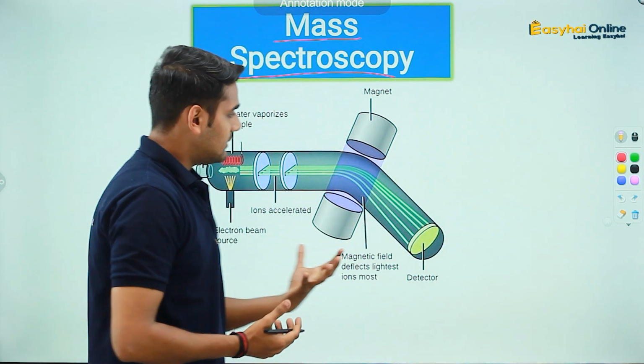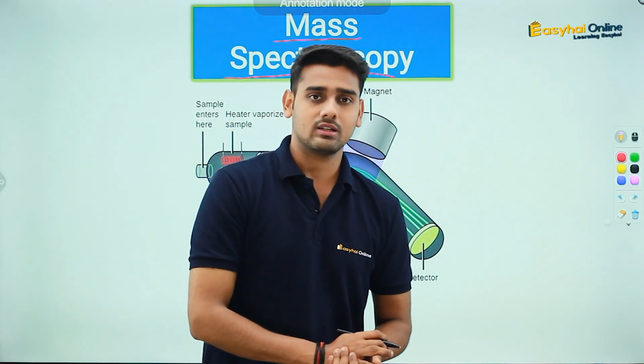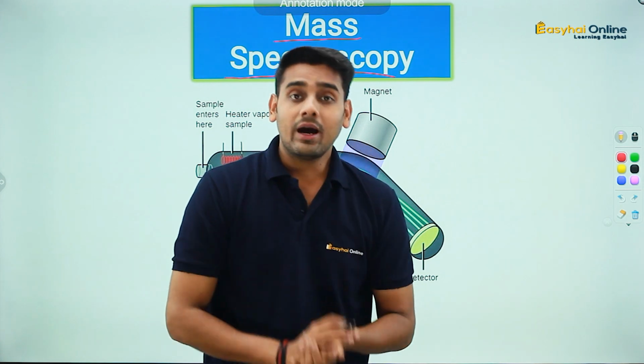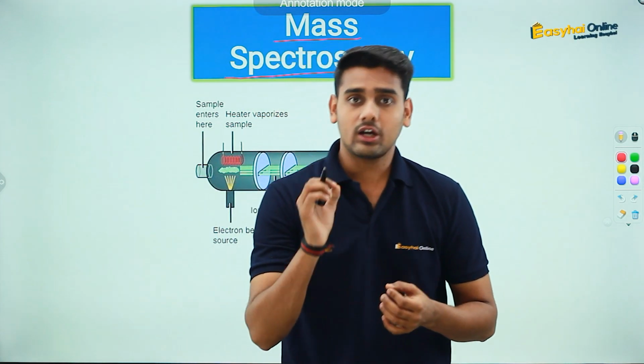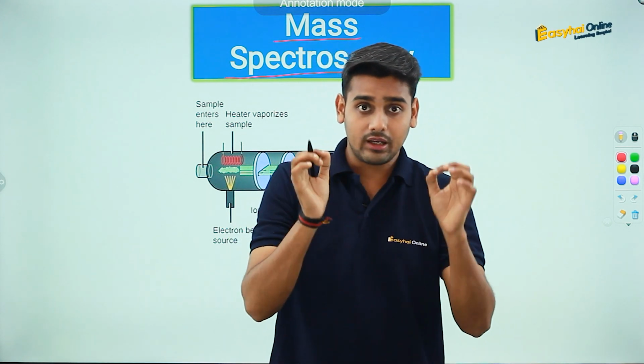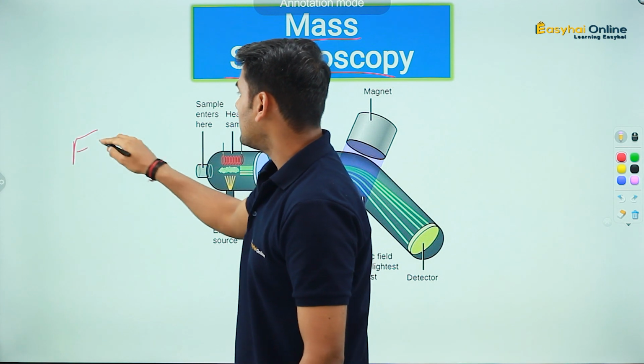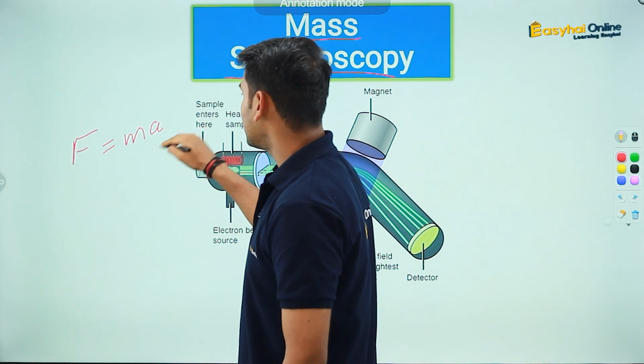It's very brilliant. Once again, we go with the magnetic field and electric fields in this case. We have learned that any charged particle, when it is moving through a magnetic field, will experience some force. Now from Newton's law of motion as well, we know that force is equal to mass times acceleration.